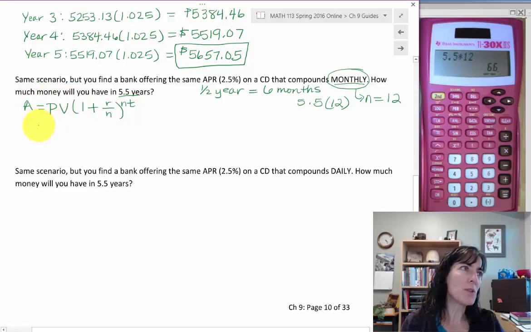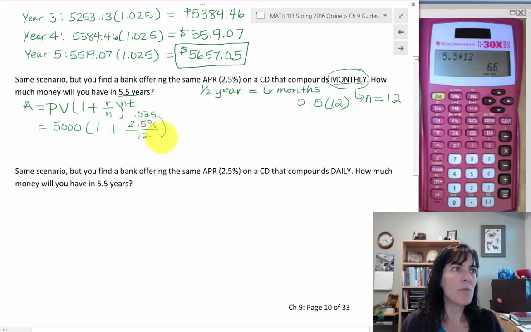So let's try it out. So we have $5,000 that we're starting with. 1 is just a 1 plus, and our rate is going to be 2.5%, so we can do 2.5%, or we can write it as 0.025, either way, over our n we decided was 12, and the n again, 12, and then the time.